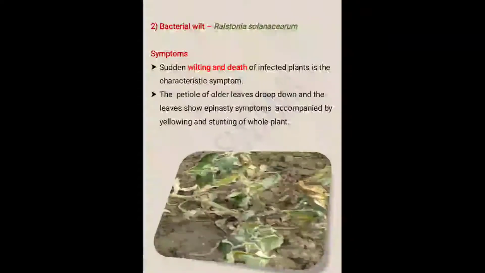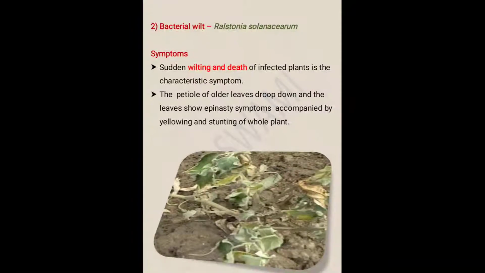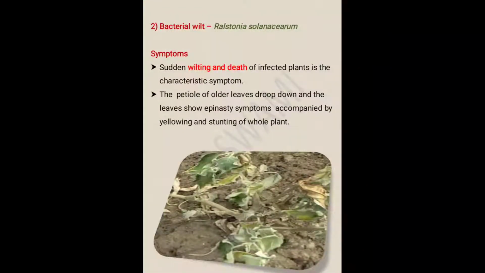It may be complete death of plant or partial death of plant parts, and such kind of situation is called as wilt. And here this wilt is caused by the bacteria, and the first symptom we have seen, that is the sudden wilting and death of infected plant is the characteristic symptom.